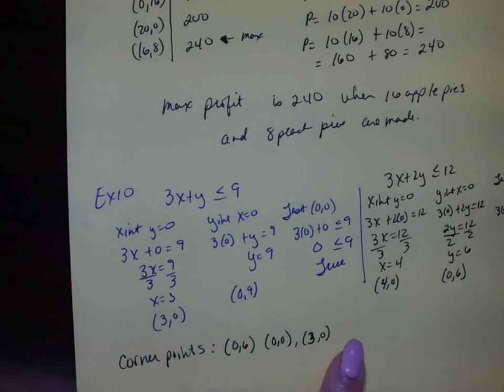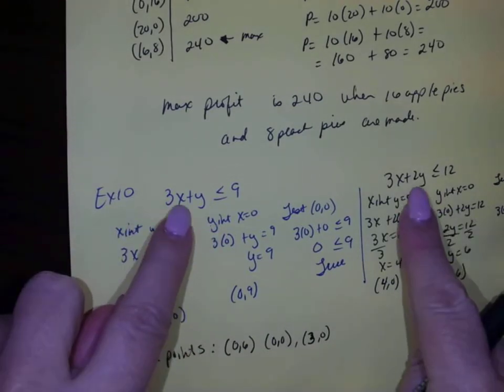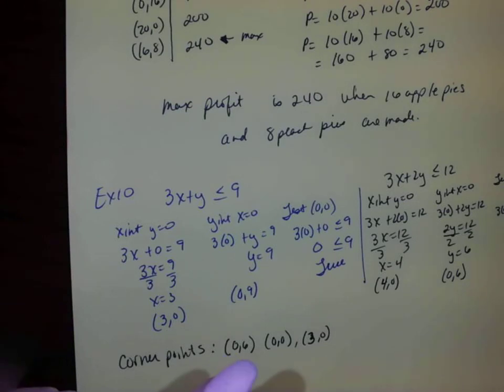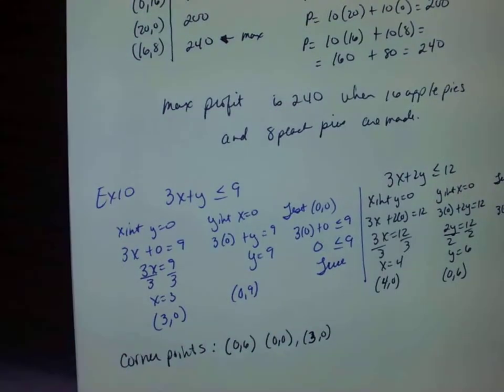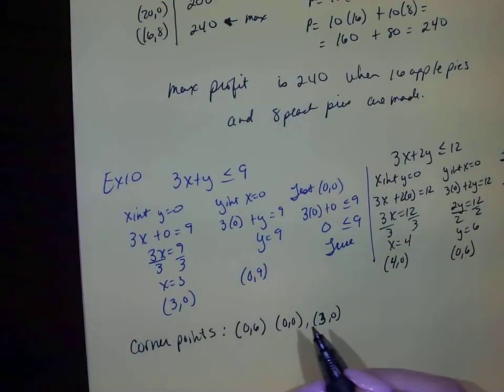Now we have to find our fourth one. And the way that we do that is figure out where the two lines intersect. Now we can get a good idea. We are probably about (2, 3). So (2, 3) is what I'm thinking we're going to hit. But we've got to go find out for sure.